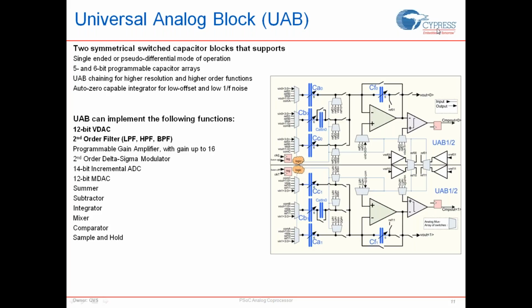Meaning, whoever is driving that signal in should have an output impedance that can support the input impedance of the circuit you're building using the UAV. Else, you need to have a buffer in between that can avoid the impedance issue. It can be implemented using a CTB. It can also be implemented using an external op-amp-based buffer.